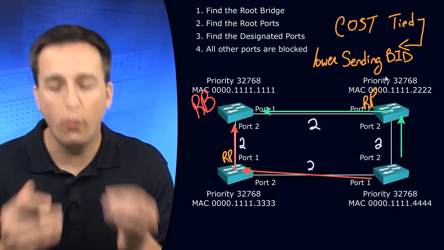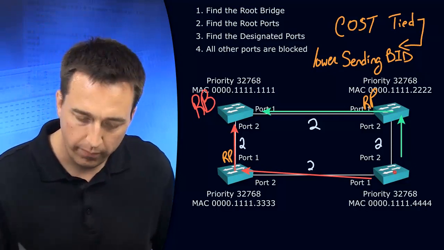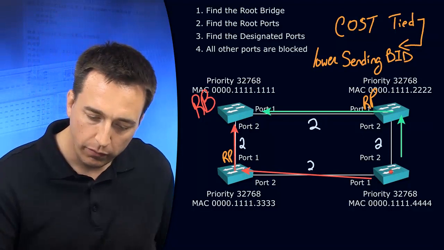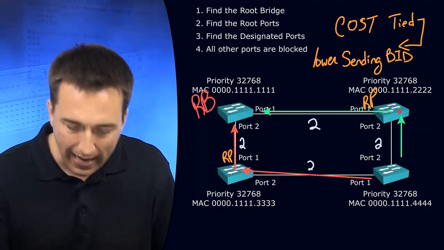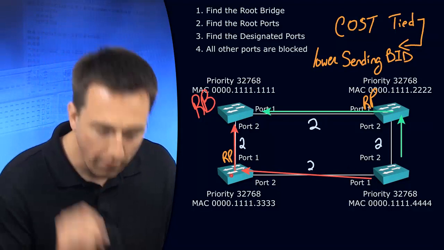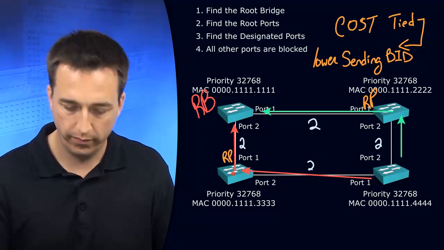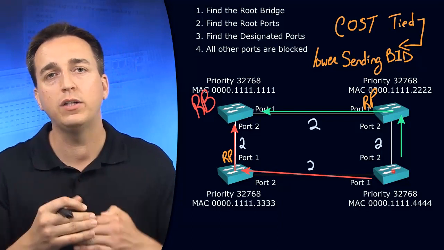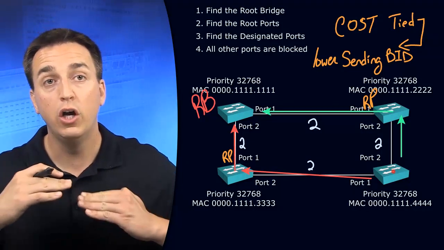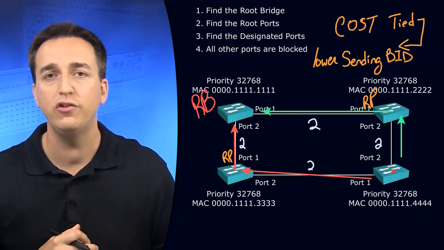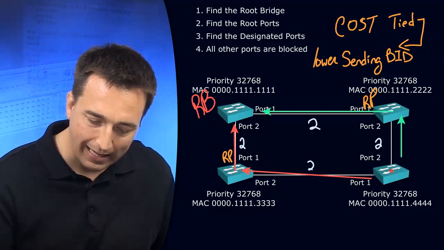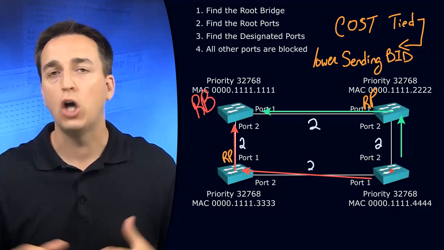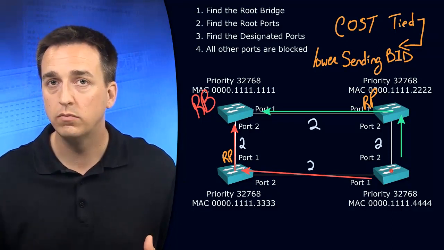So, according to this switch, it has received a BPDU from this switch. It has received a BPDU from this switch. They were both advertising a cost of 2 to get to the root bridge, and then when this switch added its costs to get to them, the cost ended up being tied at 4.